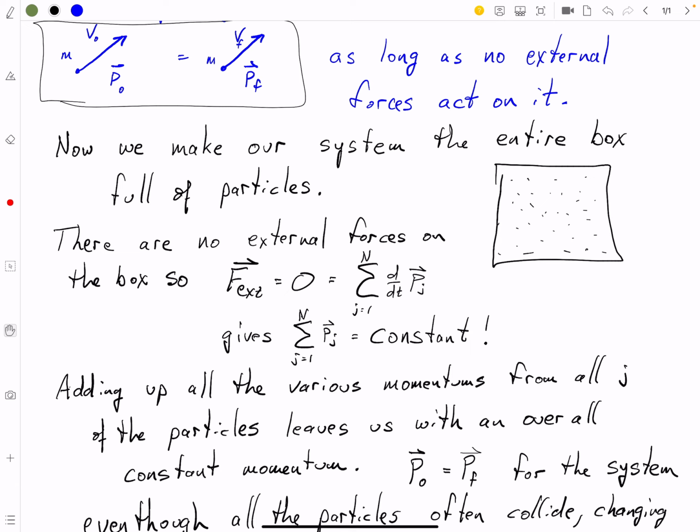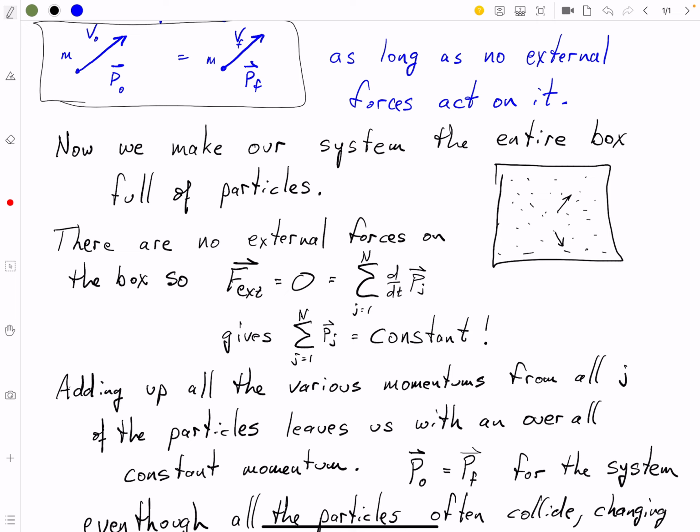So to illustrate that, I'm going to grab one of these guys and put a velocity on it, right? And then we can come over here and put a velocity on that one. So they're all going in just crazy directions, and they don't care, and then they smack into each other all the time.